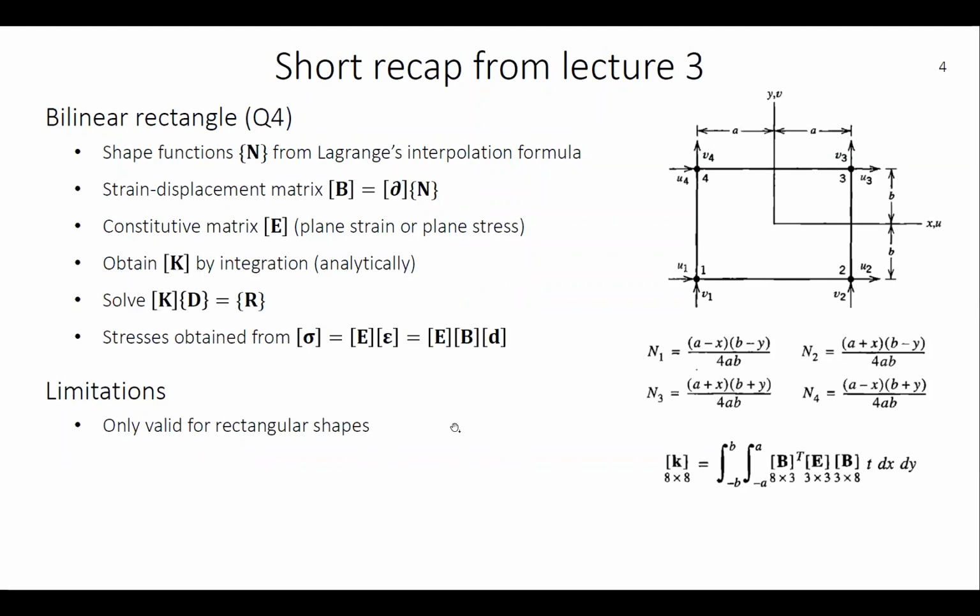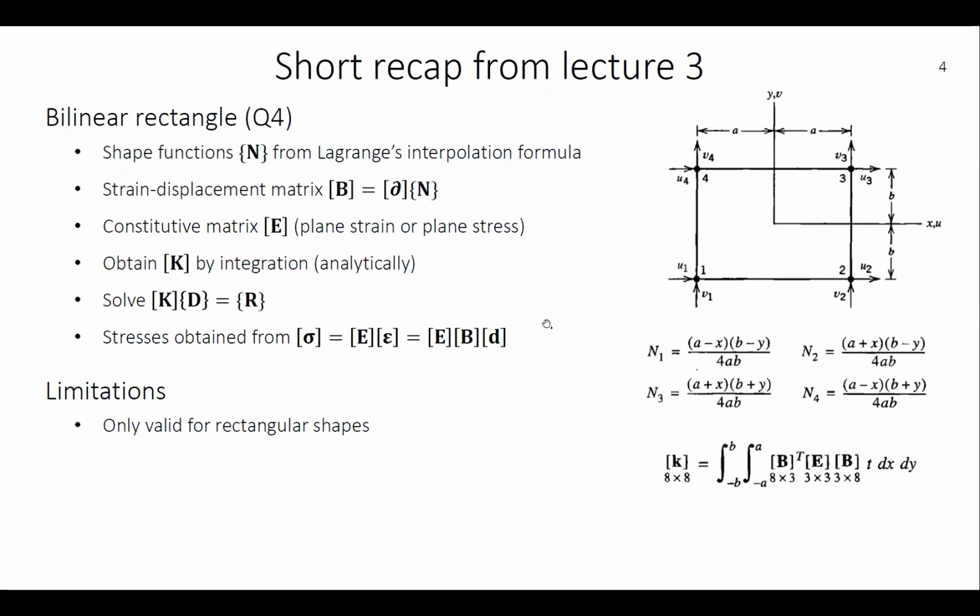And then the stresses are obtained as an extension of Hooke's law, where we identify that the strains are the B matrix times the displacements, which is effectively the derivative of the shape functions multiplied with the displacement field. So everything here is fairly similar to, say, bar or beam elements, but in 2 dimensions.